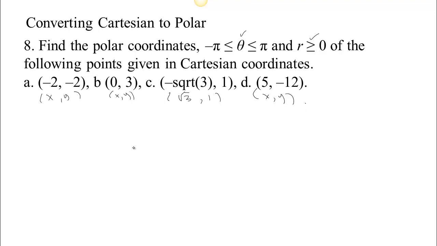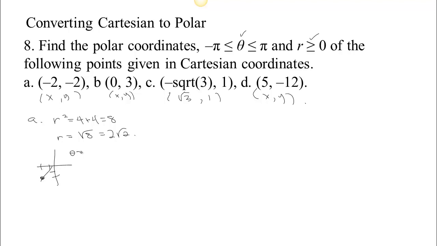xy, and so on. Okay, so if we have to have non-negative radius, then for the first one, r squared equals 4 plus 4, so r would be the square root of 8, which would be 2 root 2. And then if we look at this angle, we're going back 2 and down 2.